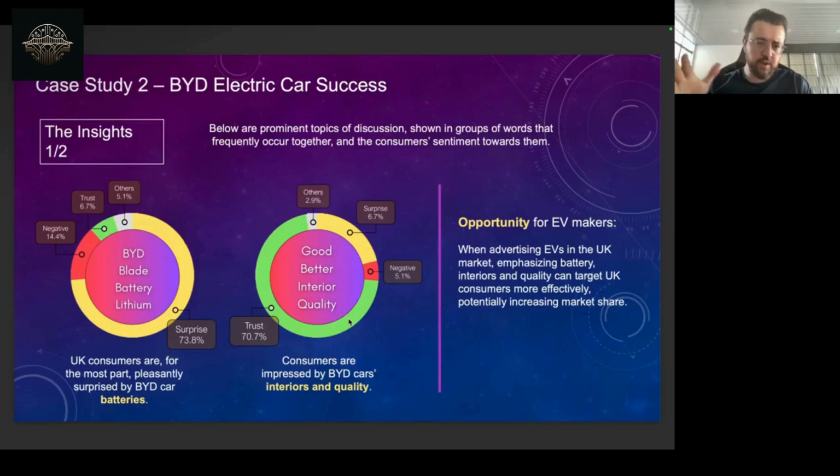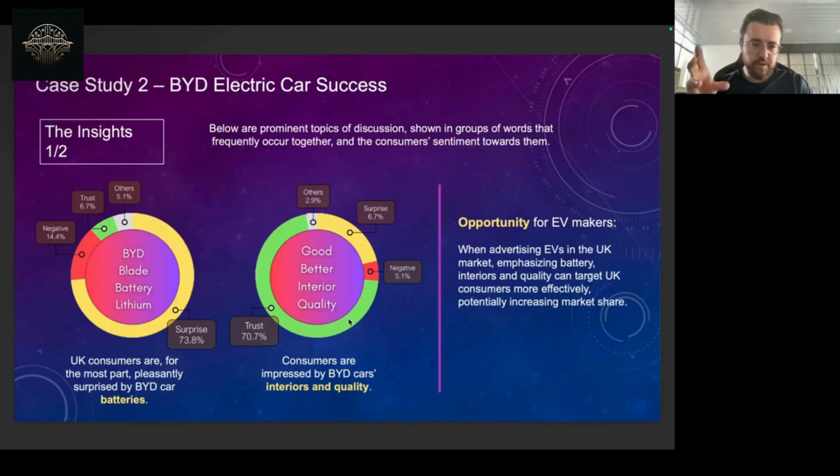So let's start with the one to the left. It says BYD, Blade, battery, lithium, right? And if you look at the sentiment, look at the yellow section, it says surprise 73.8%, right? So the sentiment around this topic for all these people was 74% surprise.